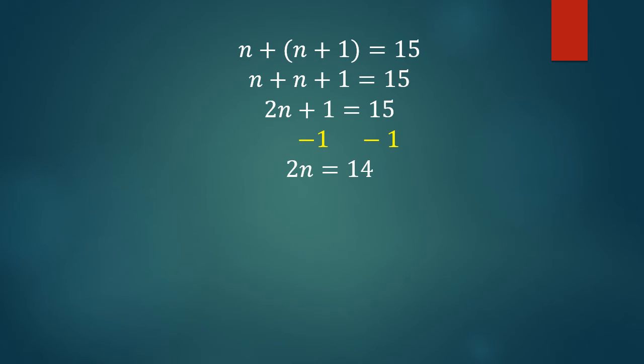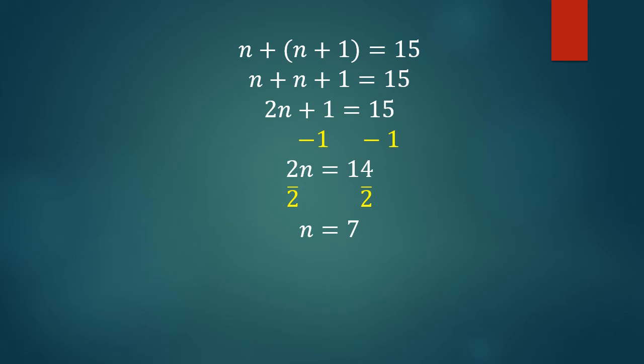To get rid of the 2, all I need to do is use the division property of equality and divide both sides by 2, which makes me end with n equals 7. That's the first number.